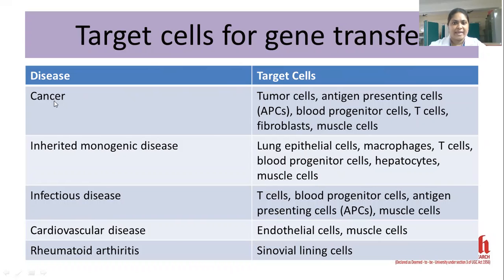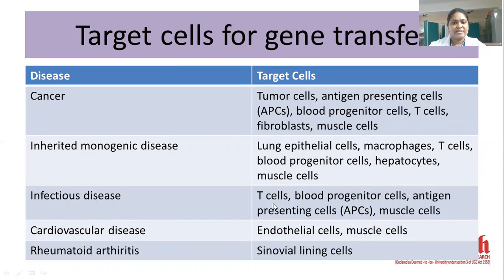First is cancer, where tumor cells, antigen presenting cells, blood progenitor cells, T cells, fibroblasts and muscle cells are used as target cells. For inherited monogenic diseases, lung epithelial cells, macrophages, T cells, blood progenitor cells, hepatocytes and muscle cells are the target cells used in this gene transfer.